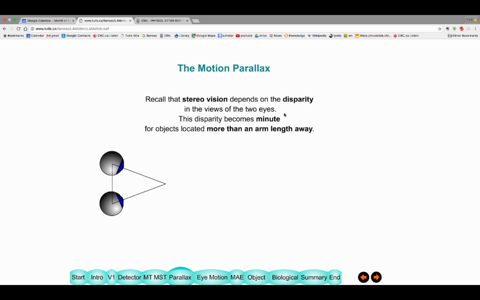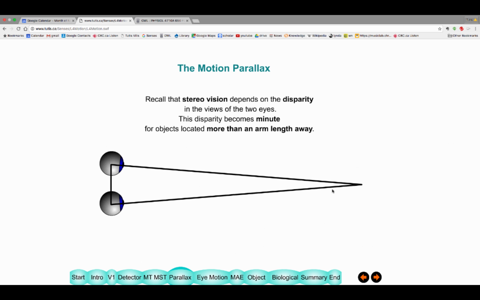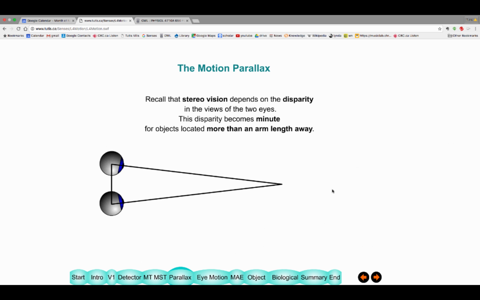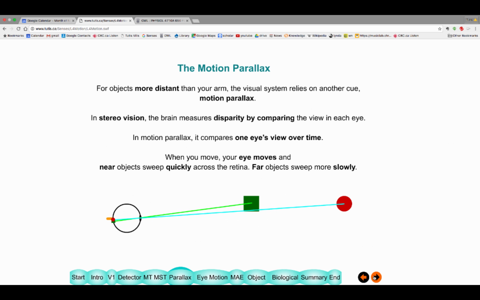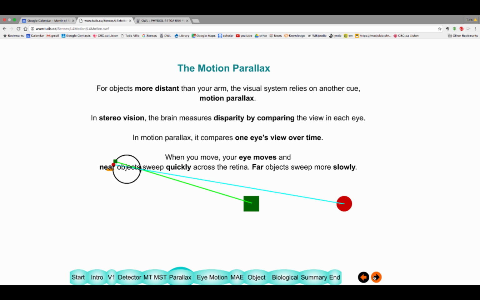Well, if you get to about more than an arm length away, this disparity becomes so tiny that there's almost no difference between the two eyes. So to measure differences where things are for larger differences, you need something else. And that something else is this motion parallax.